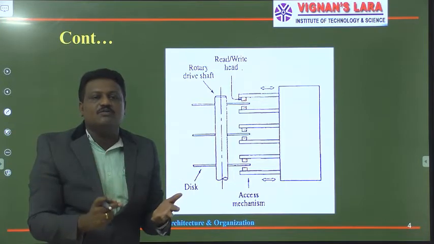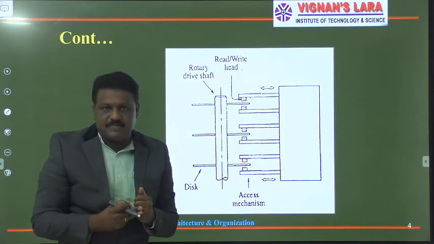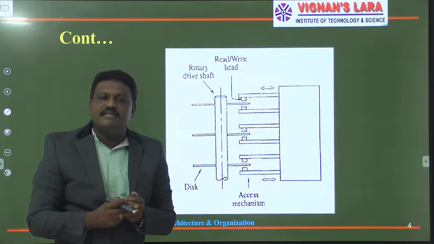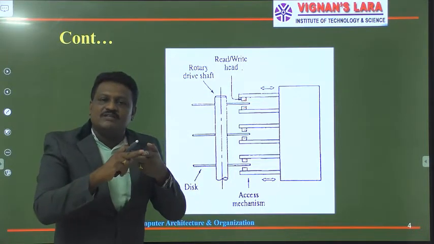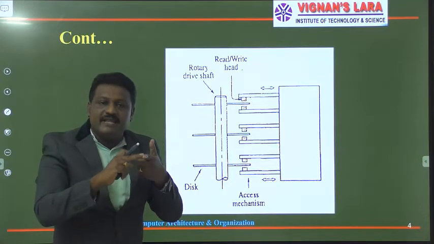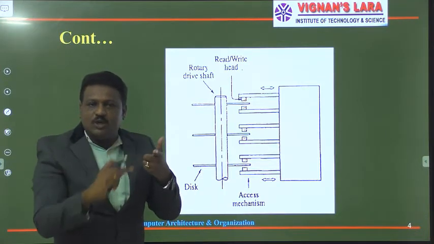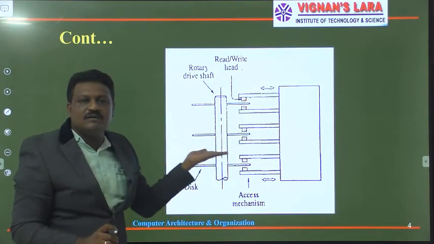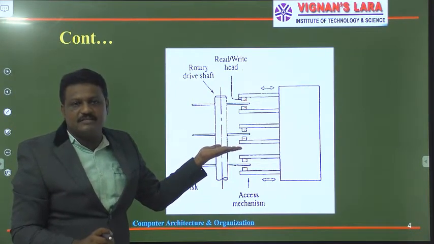Such a head we call a movable head. And we have one more variety, which is a fixed head. In that case, a number of heads are fixed on a single plane. So each head belongs to one particular track which is dedicated on the surface of your magnetic disk.